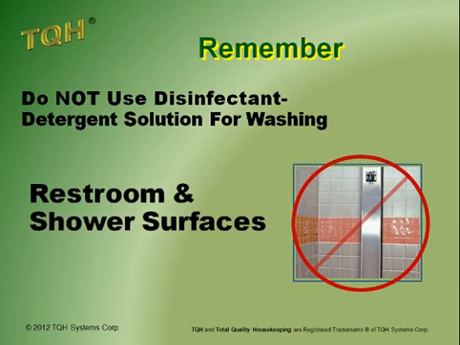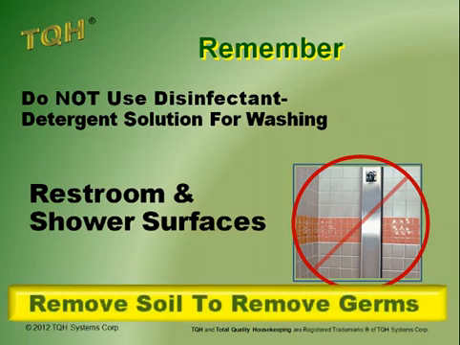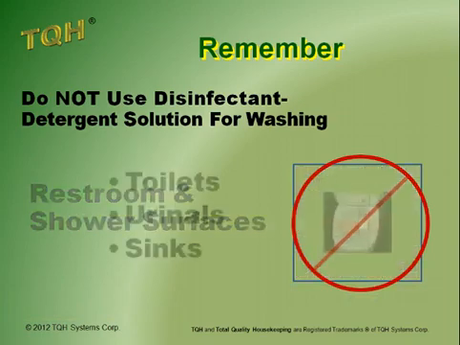Restrooms and shower surfaces, just get them clean. We have another one of these classes on how to pick the right detergent, and you can go watch that, and that'll show you which detergent is used where. But you don't use disinfectants in those showers thinking you're killing germs. You take the soil out of there.